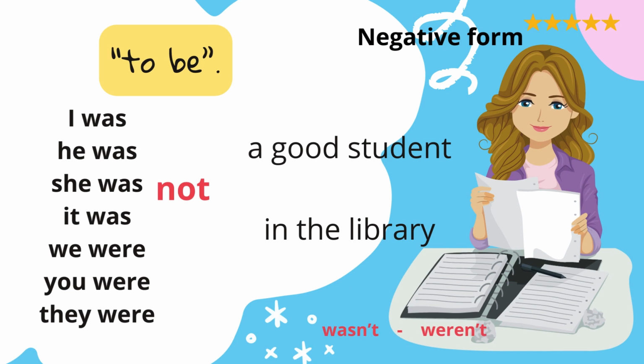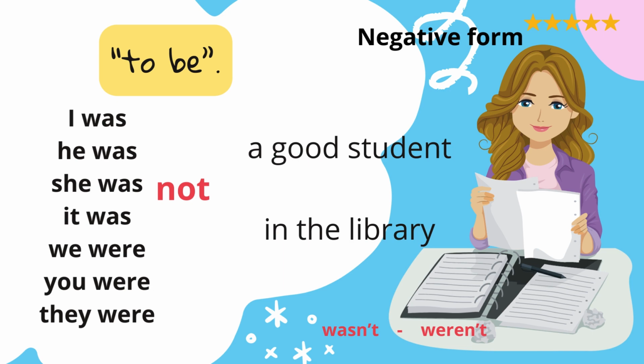Let's move on. Now, about the negative form of the verb to be, we just have to place the particle not after the conjugation of the verb to be. So I'm going to say I was not, he was not, she was not, it was not, we were not, you were not, they were not. And we can say, for example, I was not a good student, or he was not a good student. Or I can say, we were not in the library. They were not in the library.